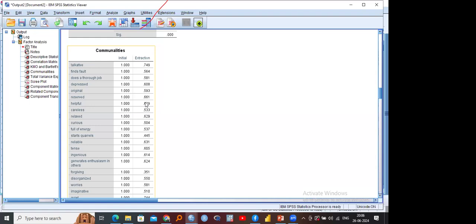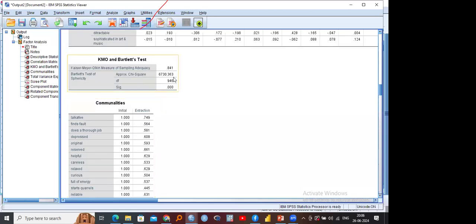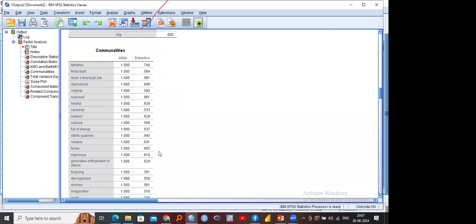Now, what happens if you remove that variable? If we remove a variable that is not able to explain proper variation, KMO measure often increases. कई बार ऐसा होता है that we design a questionnaire and we put some questions in the questionnaire which are not suitable. Useless questions भी हम अपने questionnaire में डाल देते हैं.